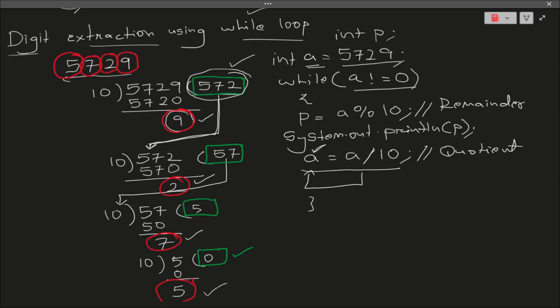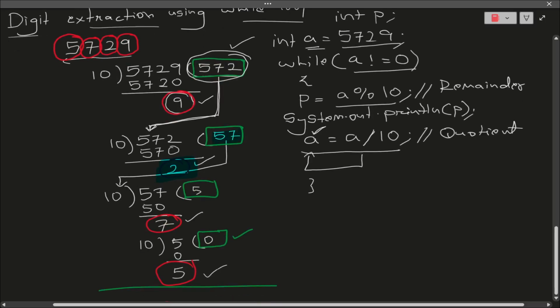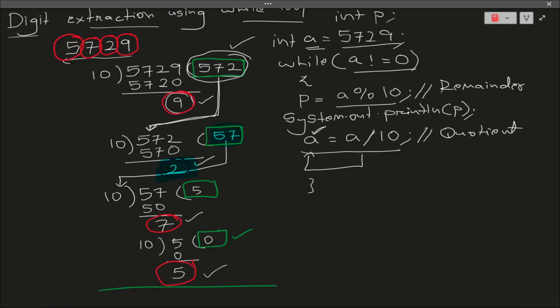Okay, so likewise, next time the value of a will be 572. Now again it will be divided by 10. It will give me a remainder, and this time my remainder will be 2, right? Yes or no? So now 2 is printed. Then again I take the quotient of 572 after dividing it by 10, and that is my next number.